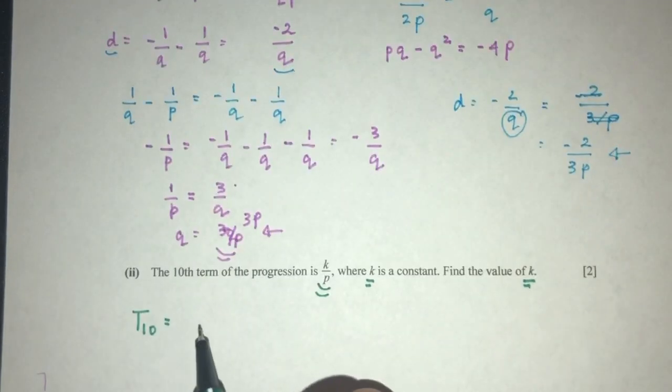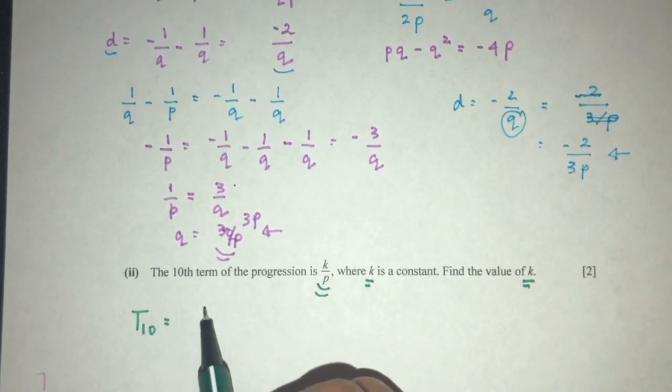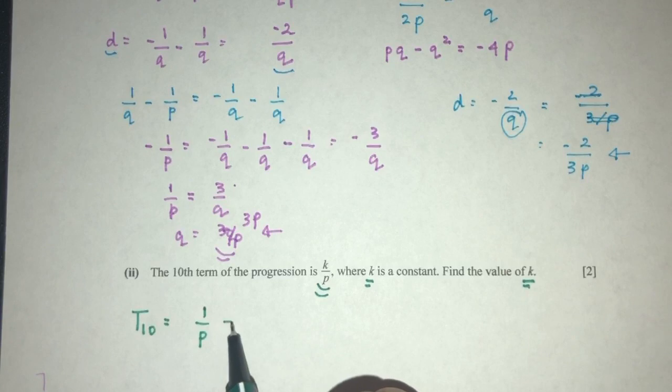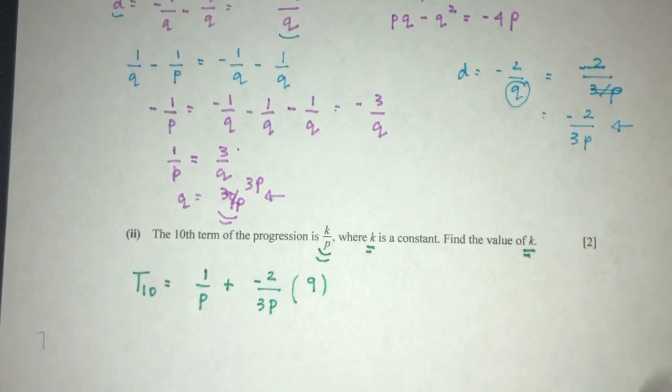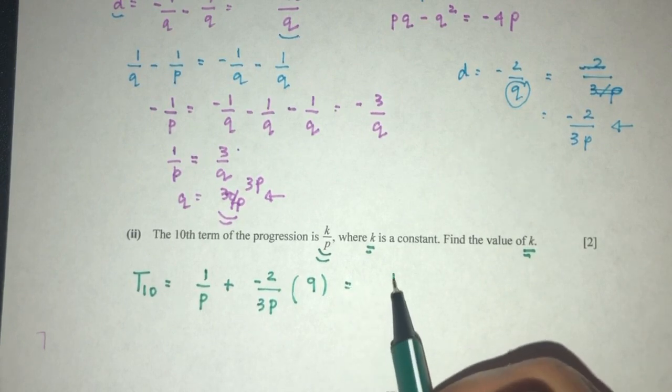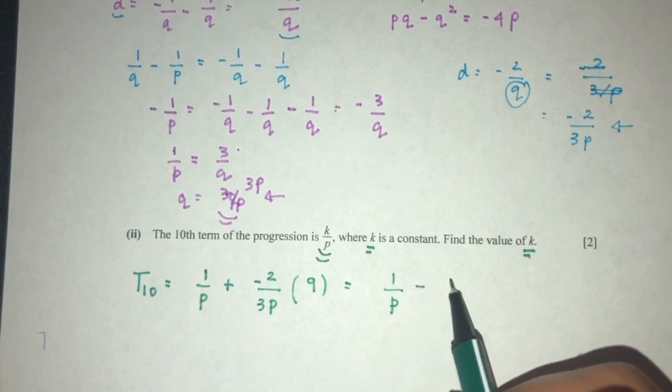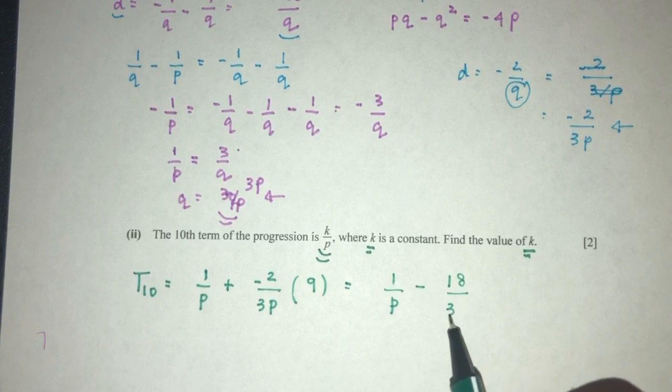So t of 10, that should be a. A is the first term, 1 over p, plus common difference d, which is minus 2 over 3p, times n minus 1, so that will be 9, because 10 minus 1 is 9. Now simplify, that will become 1 over p minus 18 over 3p.